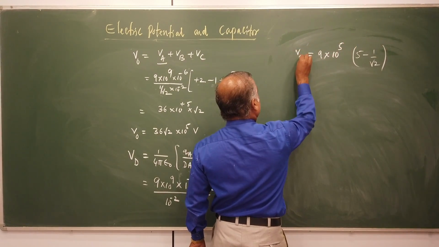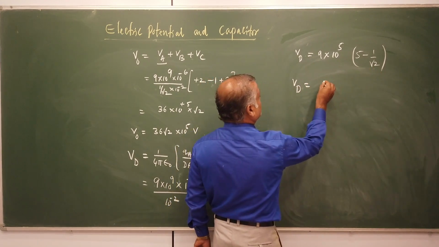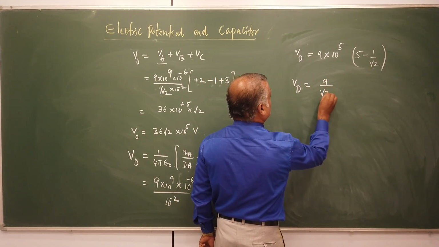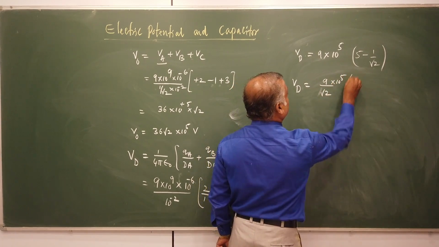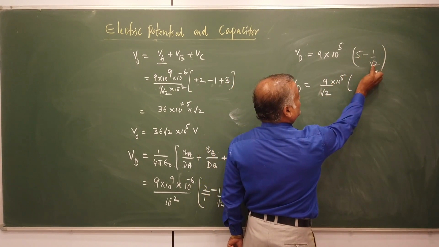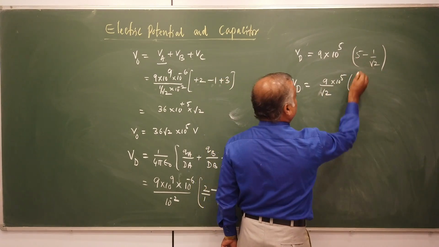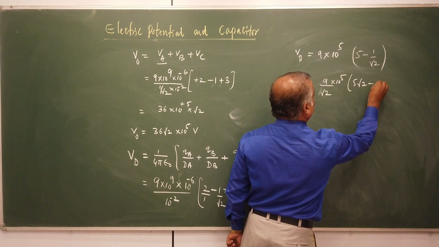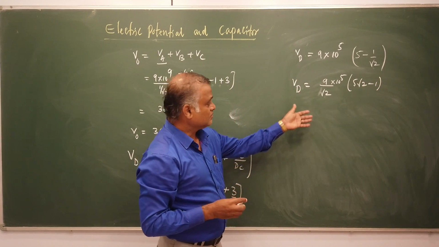This is potential at D. Potential at D is, now you take LCM again here, 9 by root 2 into 10 to the power of 5, root 2 LCM. So how much do you get? 5 root 2 minus 1. You simplify this. Take your calculator, simplify.